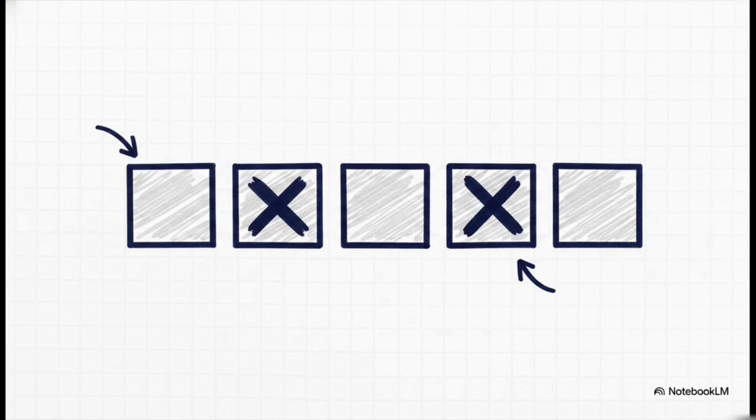Now physically remove 2 of those blocks from the table, just crossing them out. Those 2 blocks, that is our subtrahend. And to find the difference, we just count the remaining uncrossed blocks. 1, 2, 3. See how that physical process translates perfectly into the math equation? 5 minus 2 equals 3. It's as simple as that.